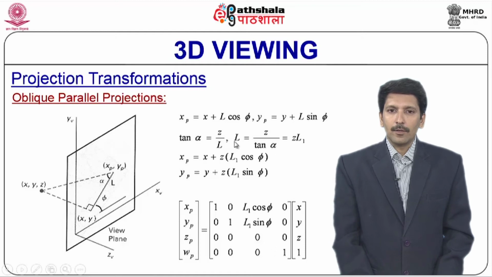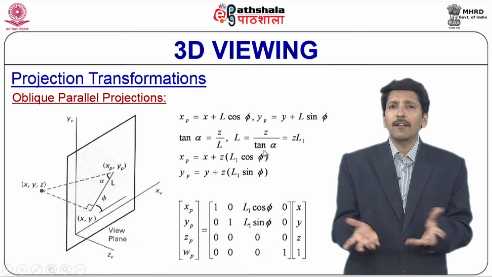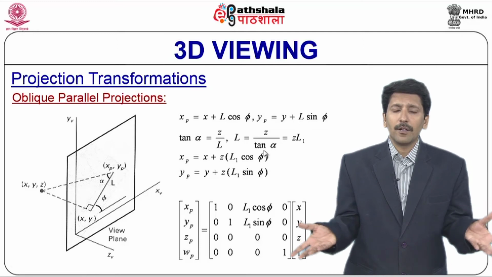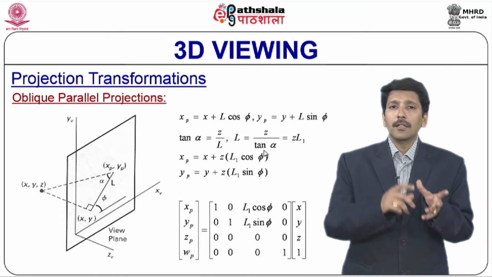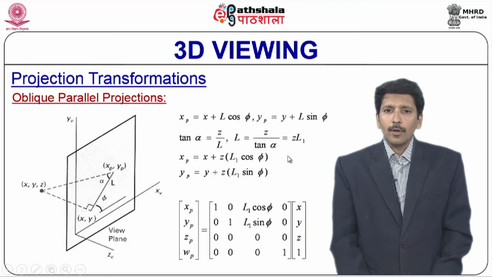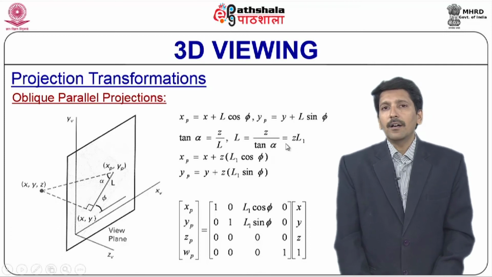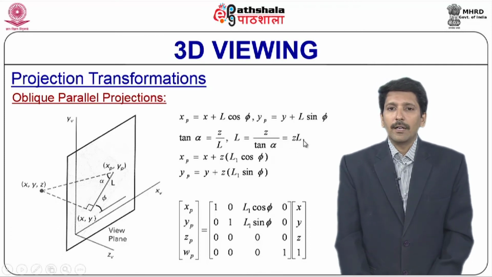So, L is equal to z by tan alpha. If alpha is known, if we assume alpha to be 60 or 30, tan alpha is something, tan 45 is something, tan 60 is something, so this is a constant. Consider 1 by tan alpha as a constant and let us call it L1.